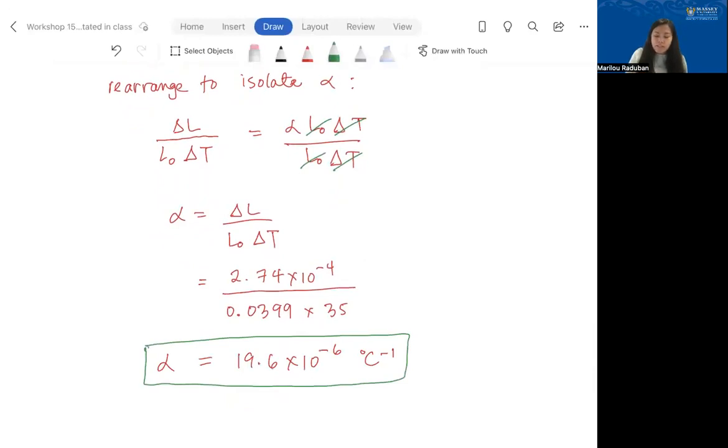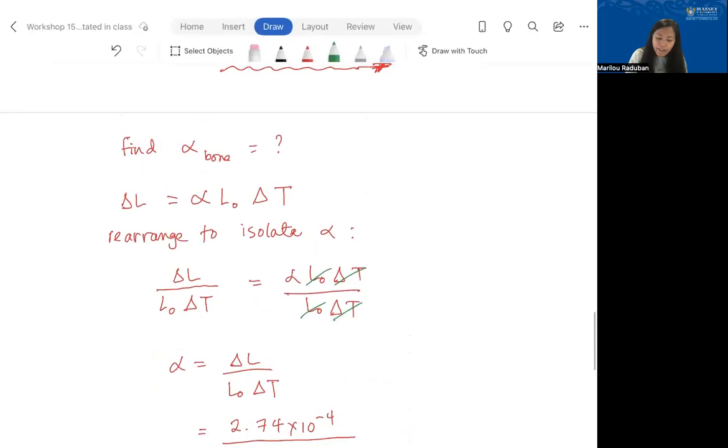That's the coefficient of expansion for the bone, which we obtained by first getting the expansion of the bone, delta L, and then using the equation delta L equals alpha L0 delta T to find alpha.